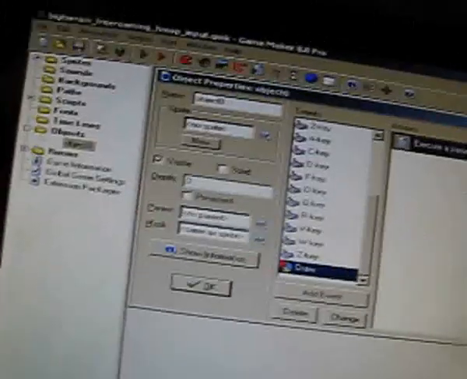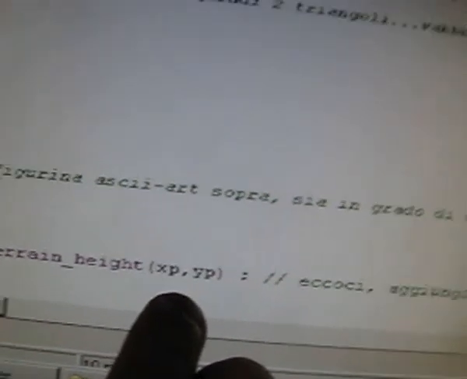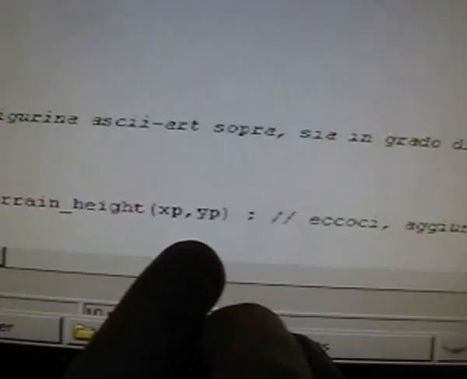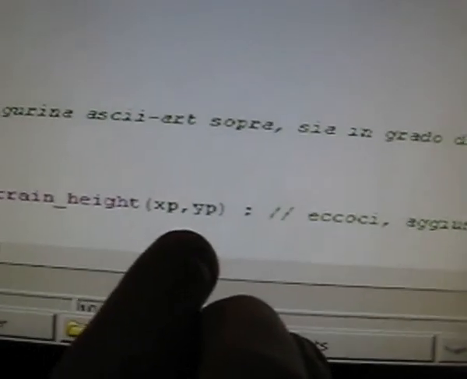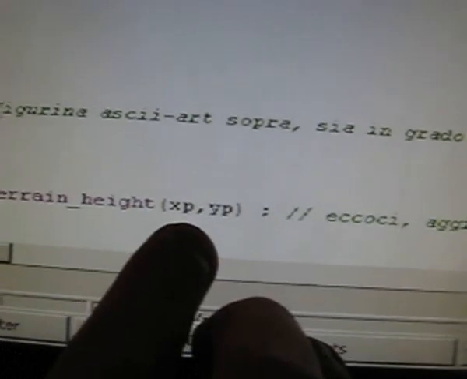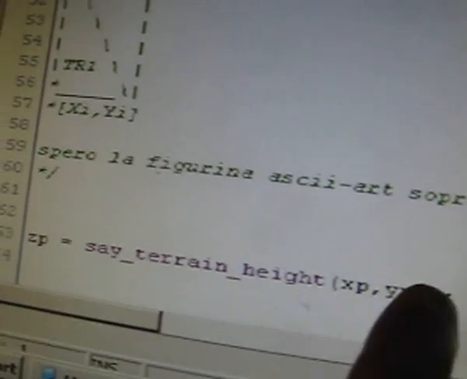But we haven't mentioned the most important thing of all. In the step function, the x and y coordinates of the hero, with respect to the ideal x, y, z reference frame with respect to which the whole game world is defined, are taken, and this little script says exactly the height of the terrain there.